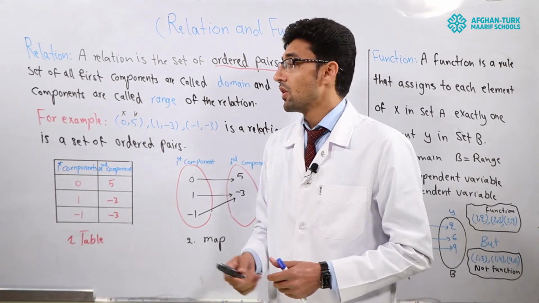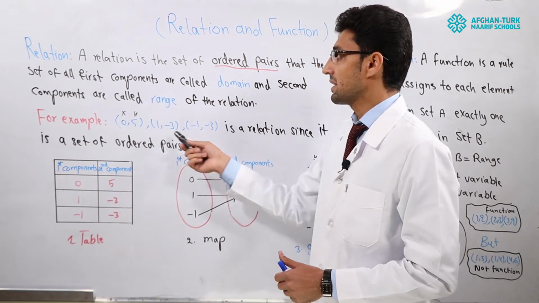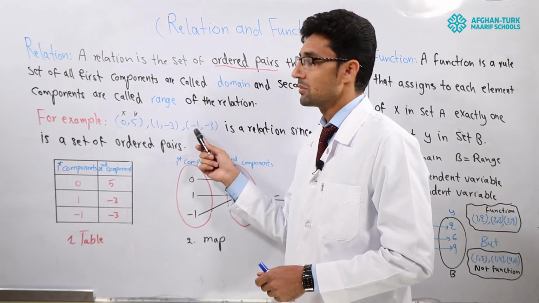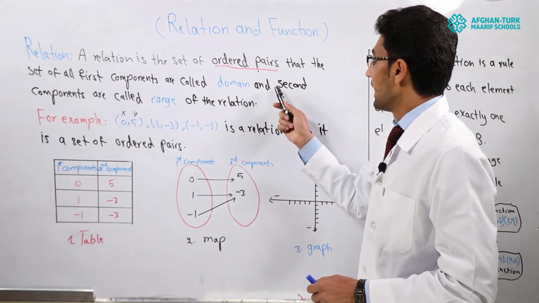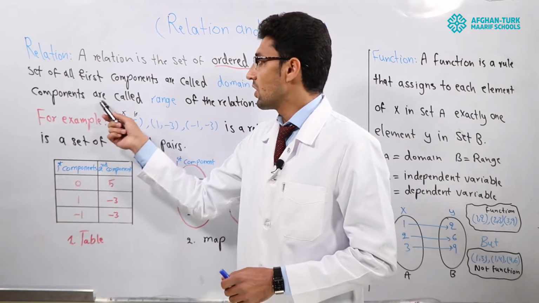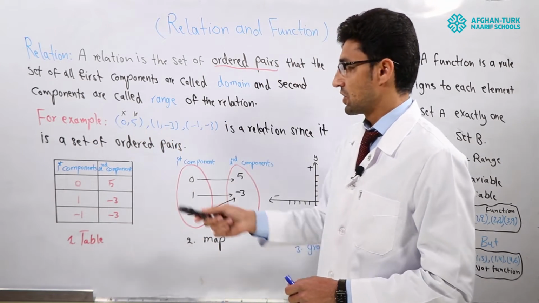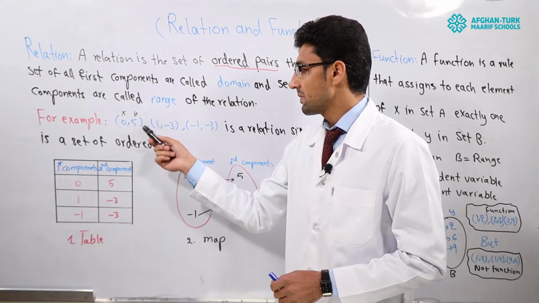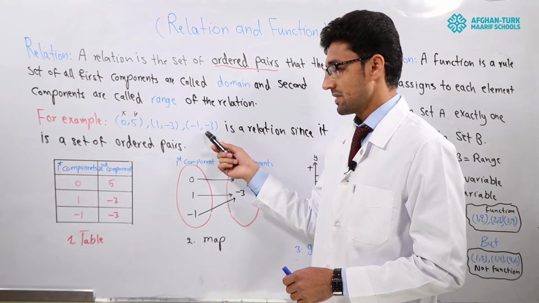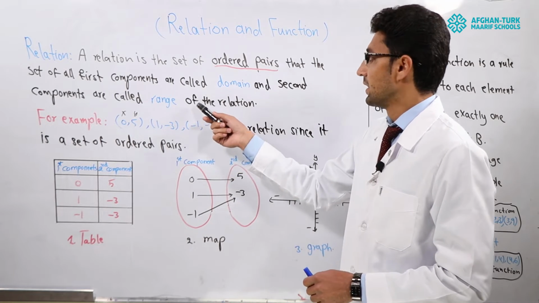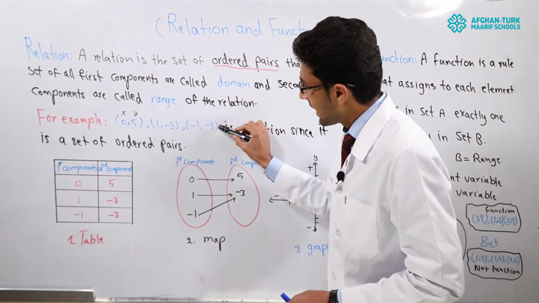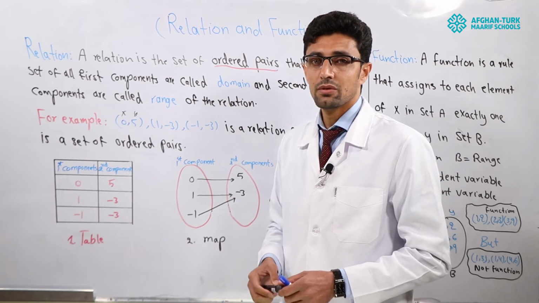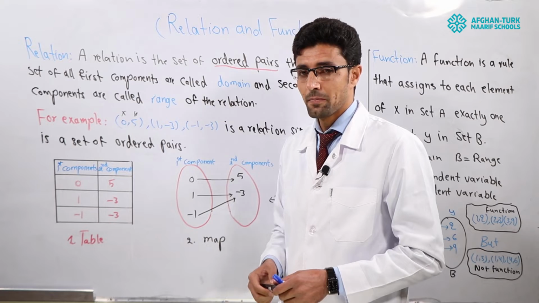If I ask you what the domain is from these sets, what do you tell me? 0, 1, minus 1. And the second components are called the range. Okay? What is the range? 5, minus 3, and minus 3, of the relation.